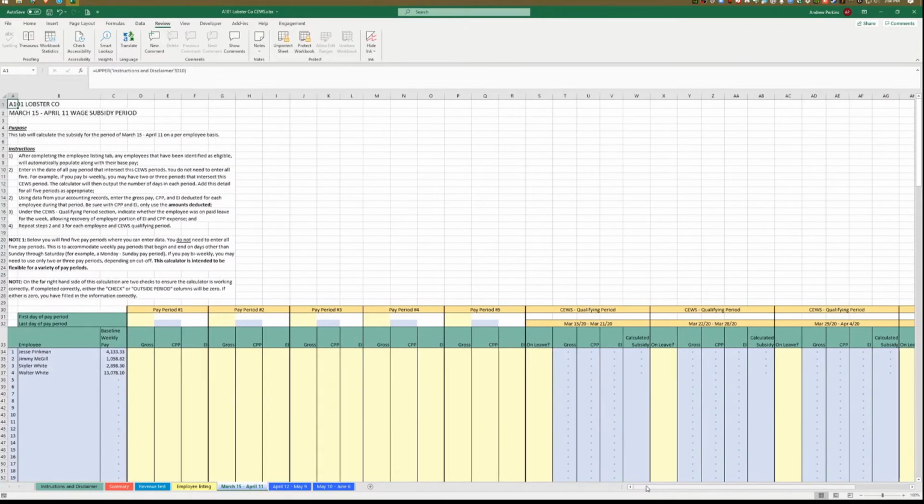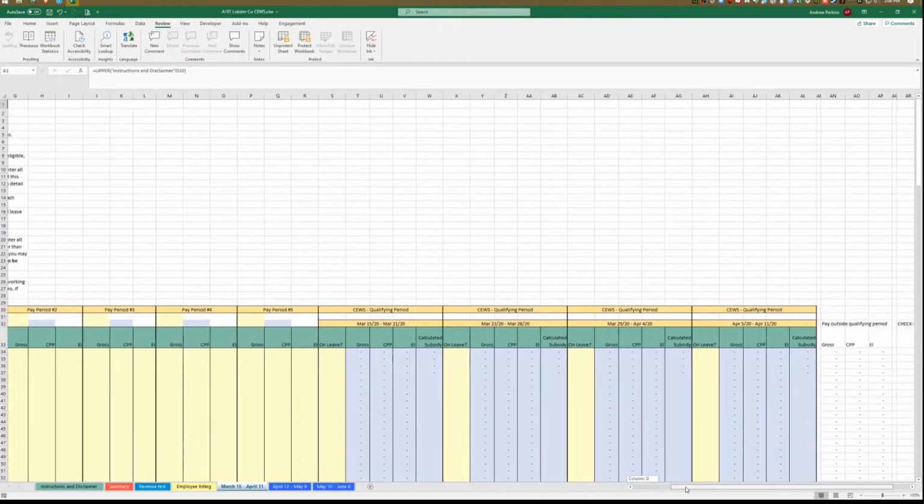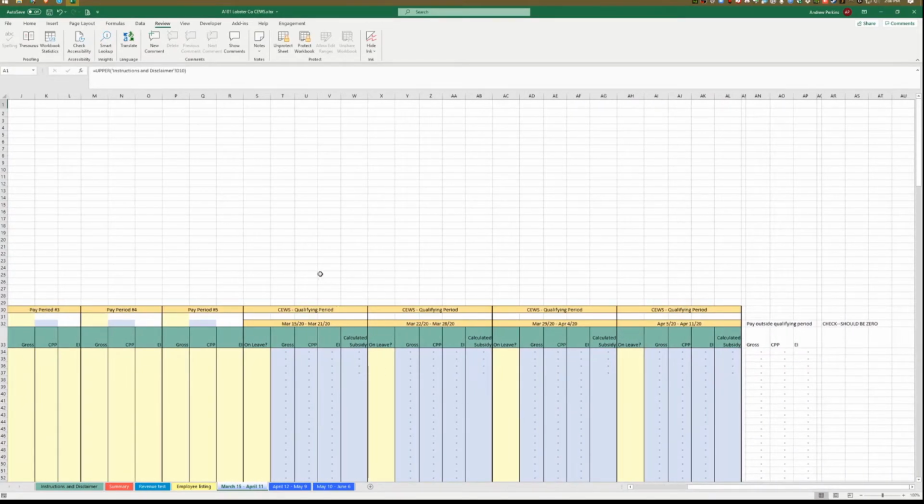So the question is, why is there all this information? Well, what we wanted to do with this calculator is to try and simplify your lives as much as possible. The prescribed periods under the subsidy are 7-day periods beginning on March 15th that run from Sunday to Saturday.